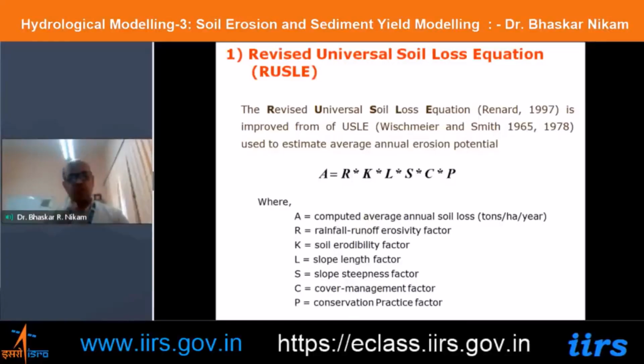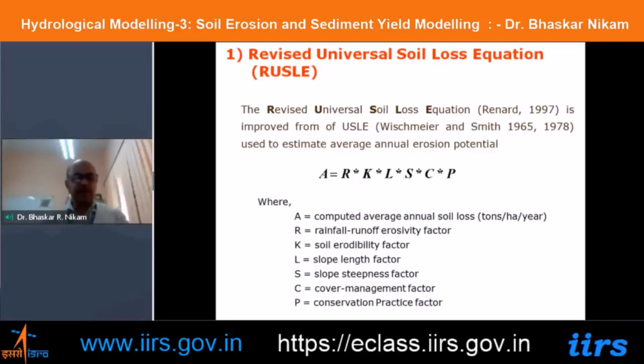The equation goes like this: annual or seasonal soil erosion or soil loss is equal to the multiplication of six factors R, K, L, S, C, and P. R represents the effect of rainfall on soil erosion. K represents the effect of the soil's own properties on soil erosion.